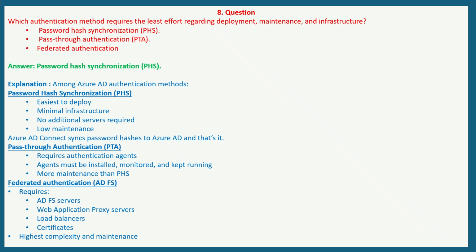Agents must be installed, monitored, and kept running, so more maintenance than PHS. The next option, federated authentication, which is called ADFS or any third-party federation tool that we use, requires ADFS servers, web application proxy, load balancer, certificates, and has the highest complexity and maintenance. That's why we choose password hash synchronization, which is easier to deploy and manage with minimal infrastructure.